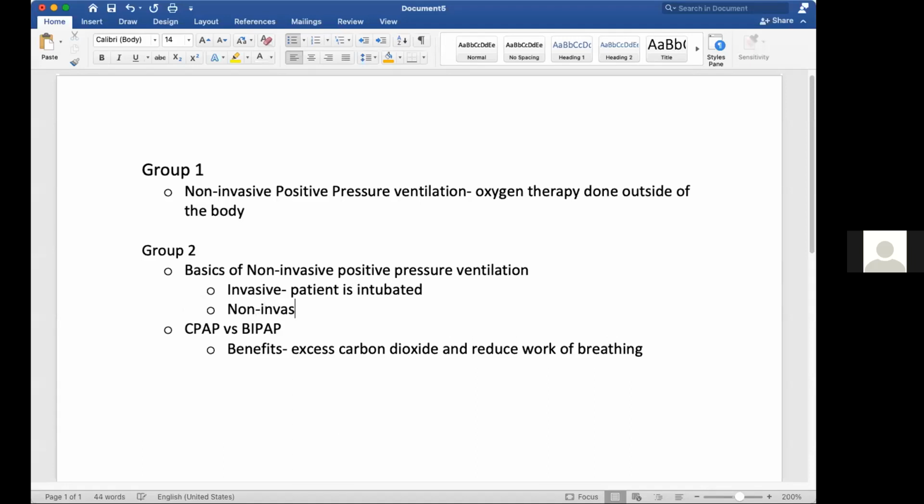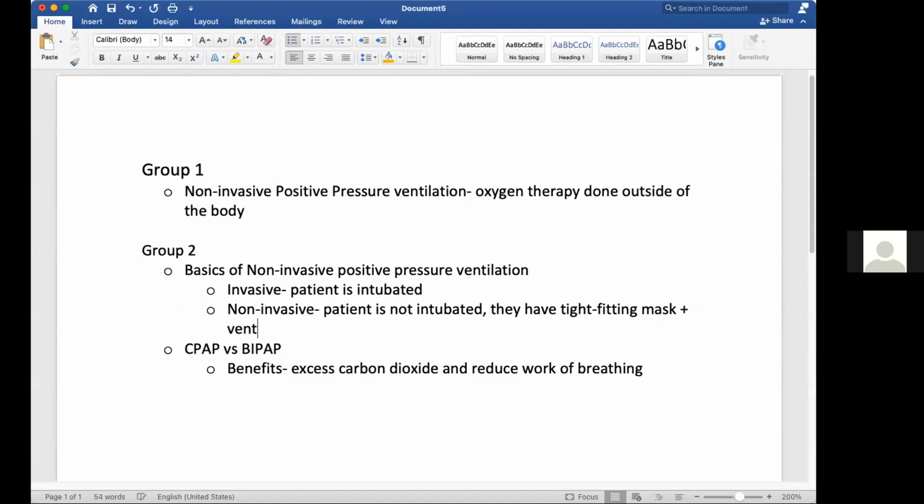Instead, they have a tight-fitting mask with straps around their head. The mask is connected to a breathing circuit. You also need a ventilator where you adjust parameters, and a high flow or high pressure oxygen source, which can be a cylinder or pipeline oxygen. So we zeroed in on non-invasive positive pressure ventilation.